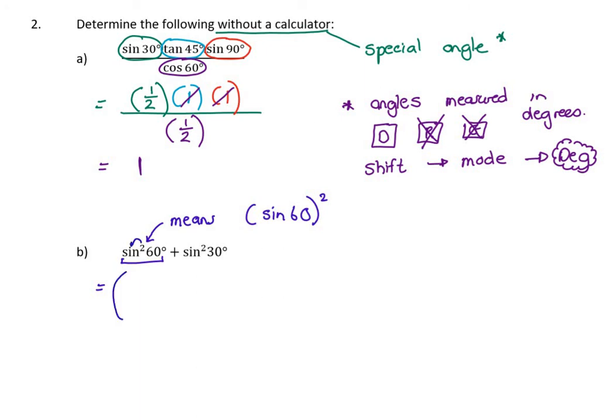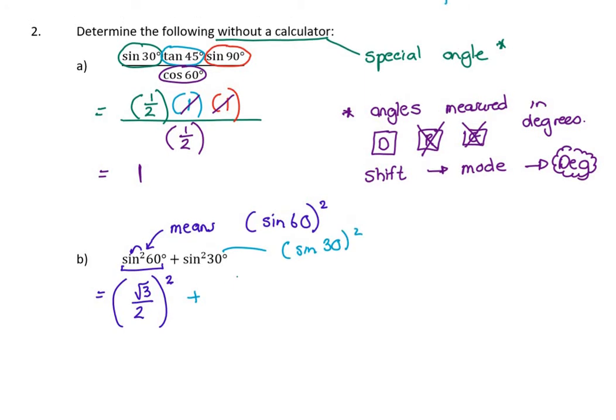So sine of 60, which I would cheat on my calculator if I didn't know, is root 3 over 2. So that's squared. Now this is plus, and now this means the sine of 30 all squared. And you can pick up your calculator and you'll know that that's a half squared. And now again, if we're technically not meant to have a calculator, we should probably show some working.